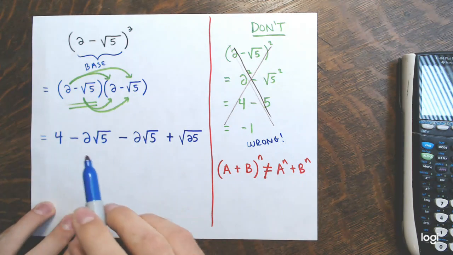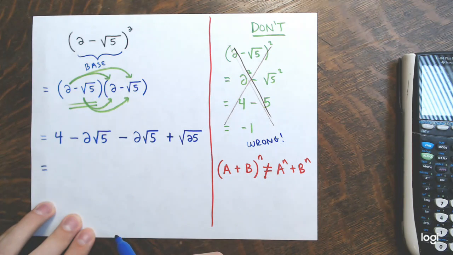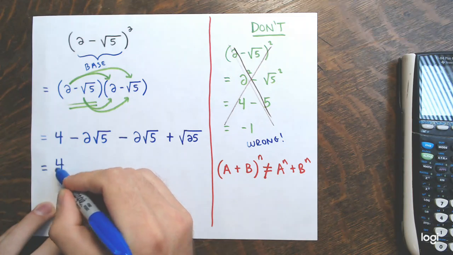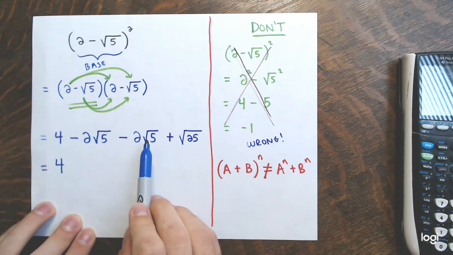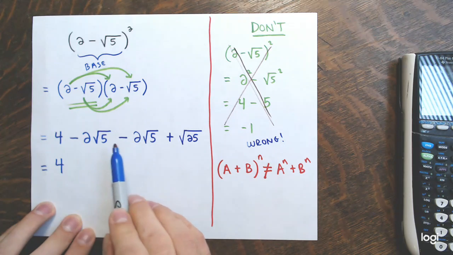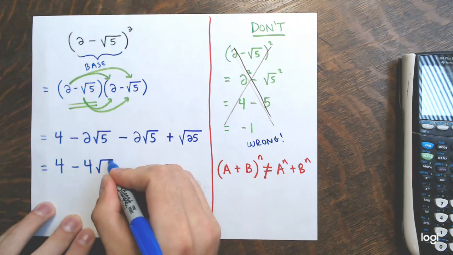Alright, and then we combine some like radicals and simplify radicals, combine like terms. First term is still 4. These two, the negative 2 times the square root of 5 plus negative 2 times the square root of 5, they have like radicals, both square root of 5. So combine them. Negative 2 and negative 2 make negative 4 times the square root of 5.